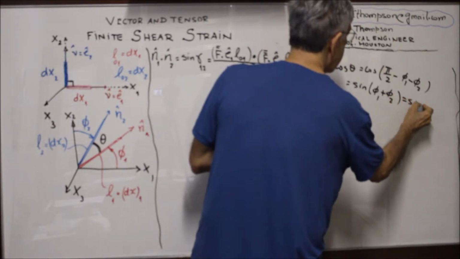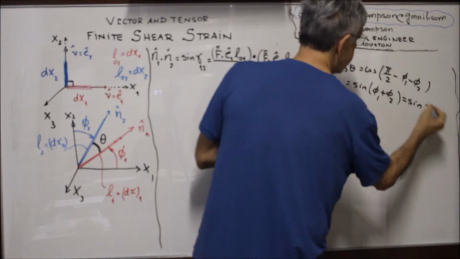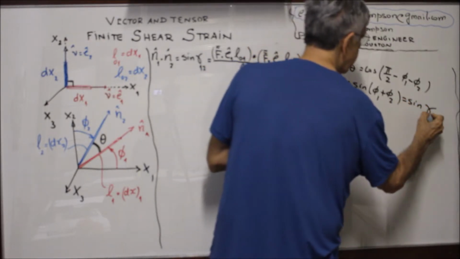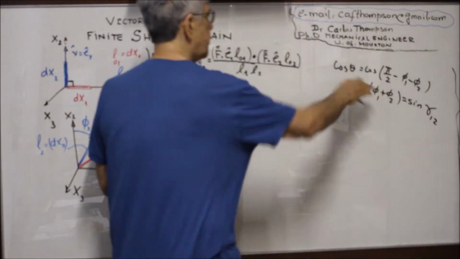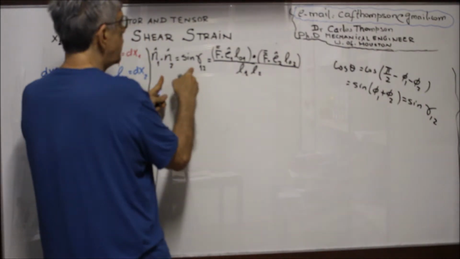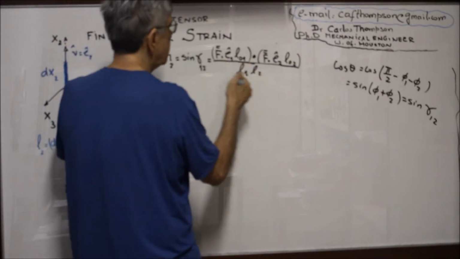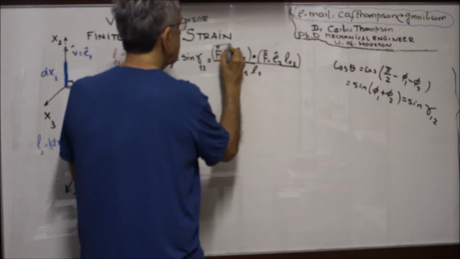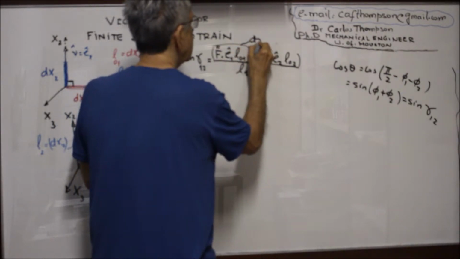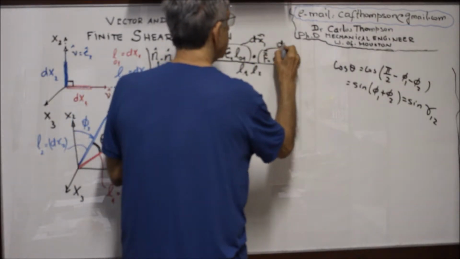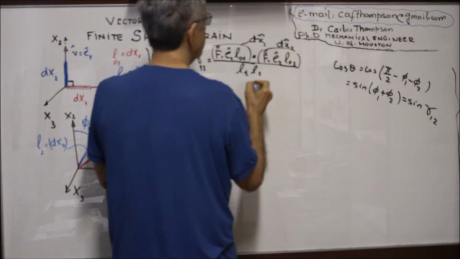This is equal to sine of the engineering shear strain, gamma 1 2. So from here we obtain sine of gamma 1 2. And this is the vector dx at 1, this is the vector dx at 2.